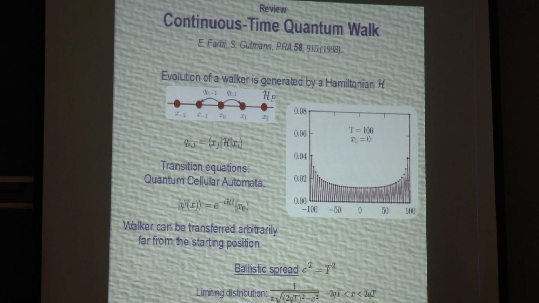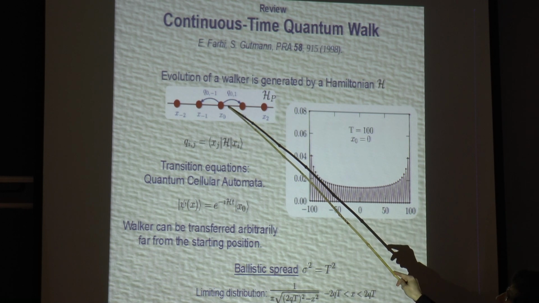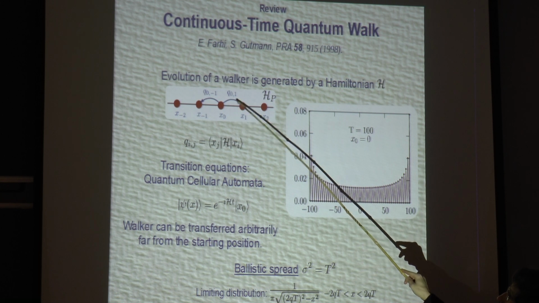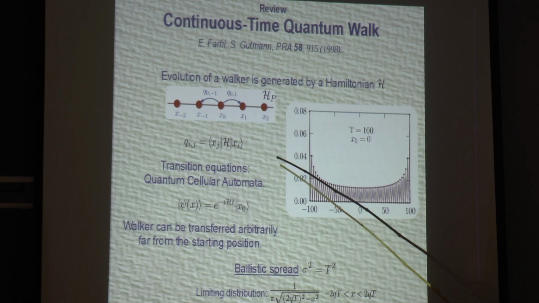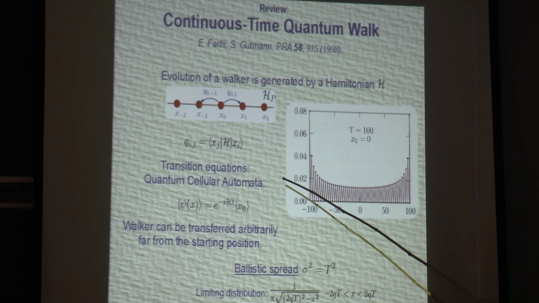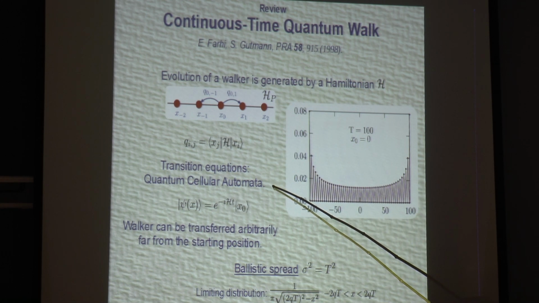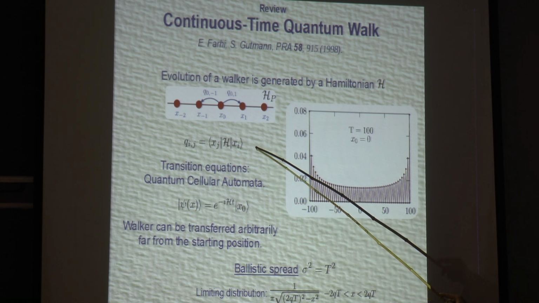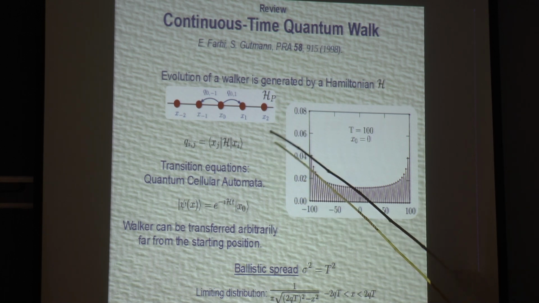Here, the evolution takes place only in the position Hilbert space, as shown in this graph here, and the Hamiltonian sets the amplitudes of hopping between one and another vertices. In this spirit, continuous time quantum walk is similar to quantum cellular automata because these set the transition equations.